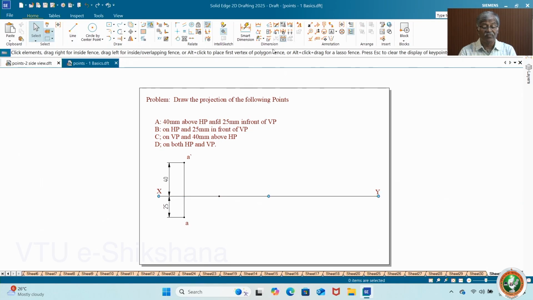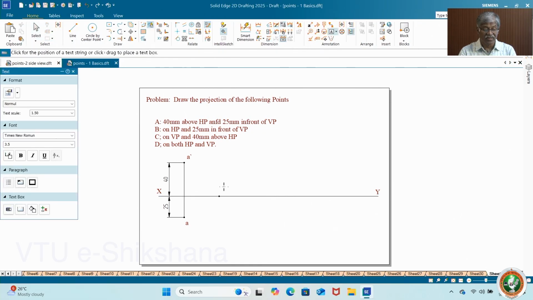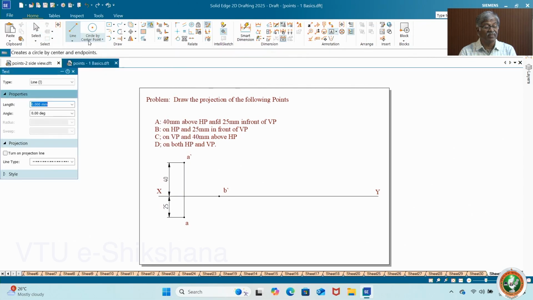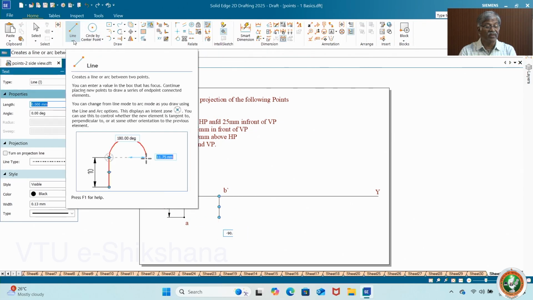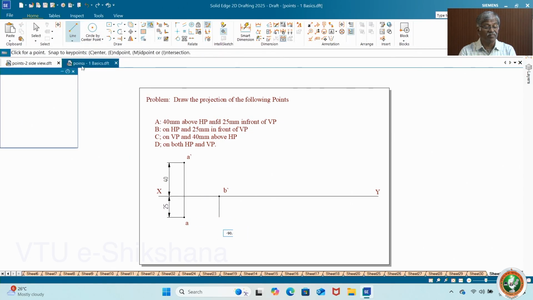This is referred to as B dash, front view. 25 in front of means it is below XY line. Keep 25 mm. Mark point here, just to represent the view.